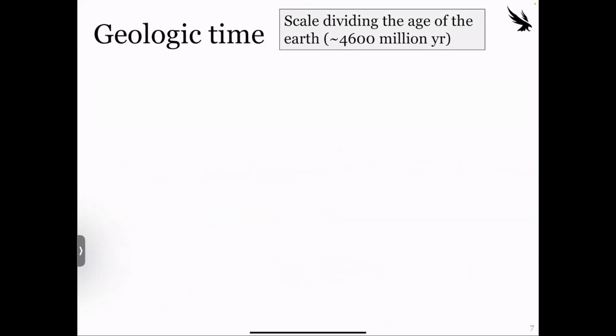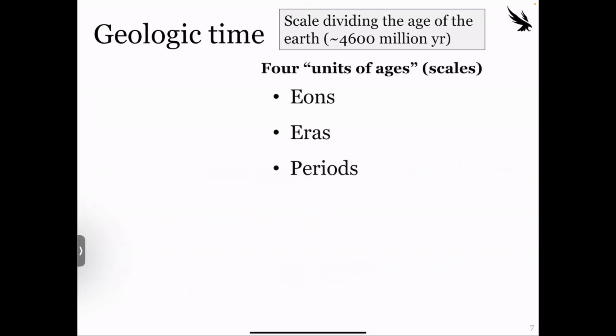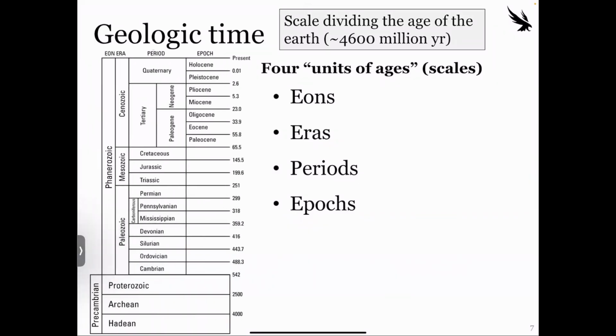Has anyone heard of or remember learning about the geologic time scales? Like the 4 units of age: we have eons, eras, periods, and epochs. The little scale is shown here on the left. Basically, the best way to think of this is like measurements of time. Similarly, you can measure time in years, or in minutes or seconds.